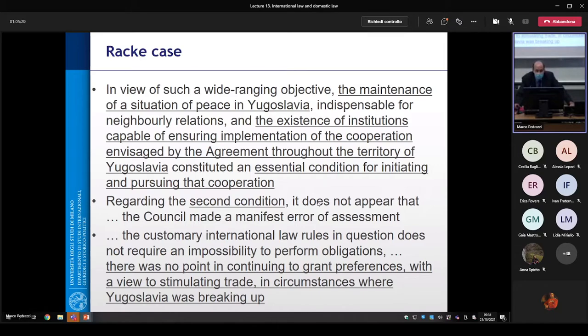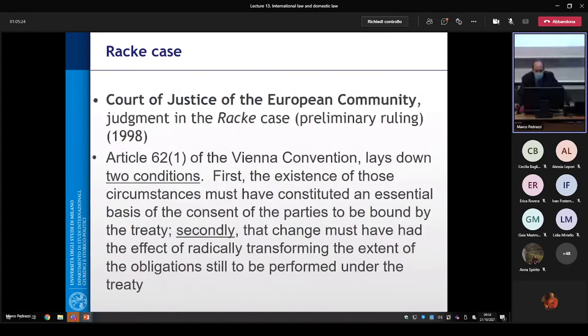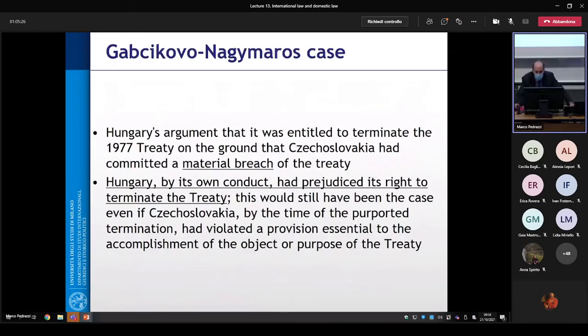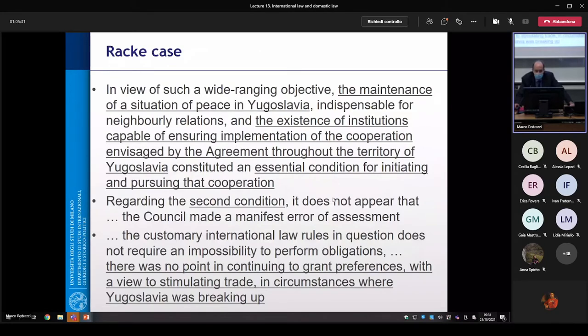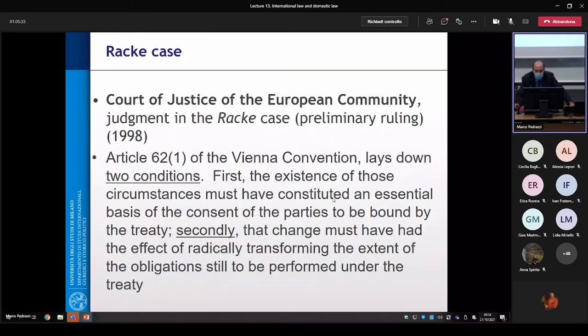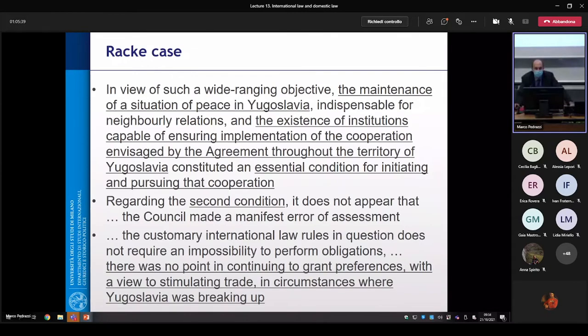So this interpretation given by the court in this Racke case may be questionable. Anyway, this is a successful invocation of the rebus sic stantibus. Any question?